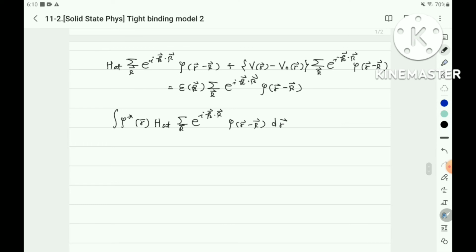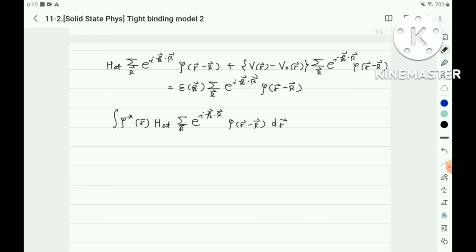This first term only survives at the on-site, because the integral with the nearest neighbor is very small.